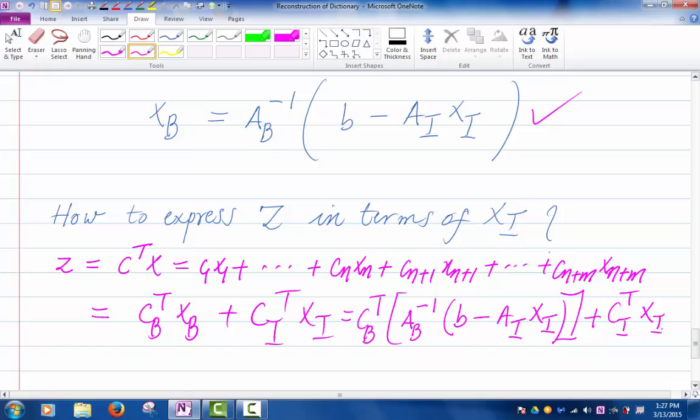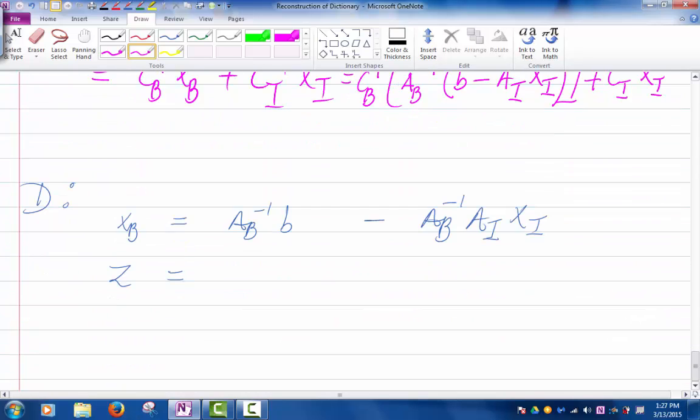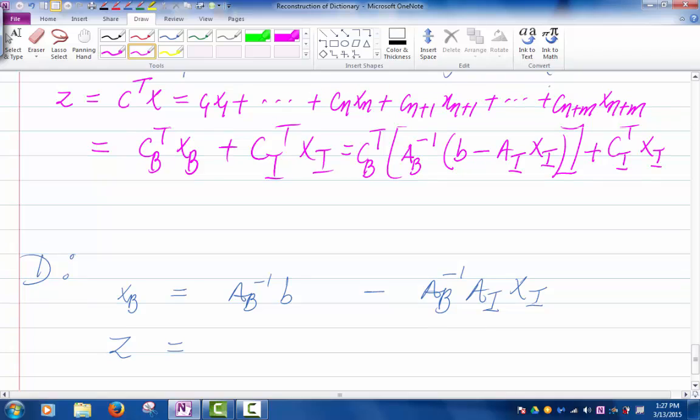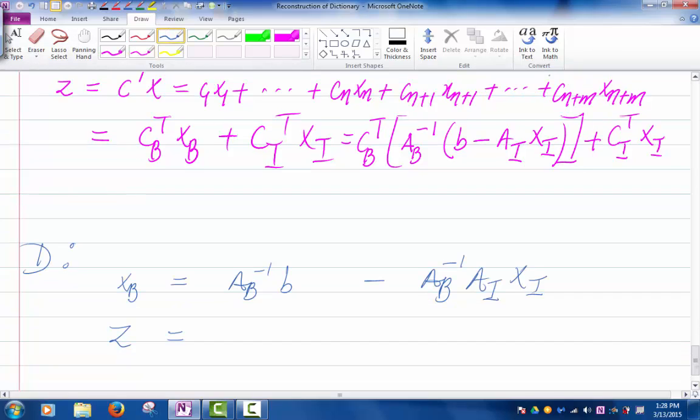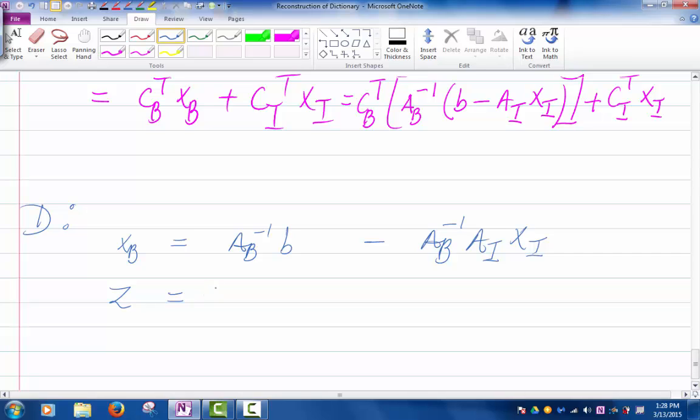I mean, you don't have to remember these formulas or anything. All I'm trying to say is you can express Z in terms of the non-basics in this way, and then at the end I can come up with the dictionary. So the dictionary would be whatever XB is, and then you have to write down what Z is. So let me just copy what Z is.